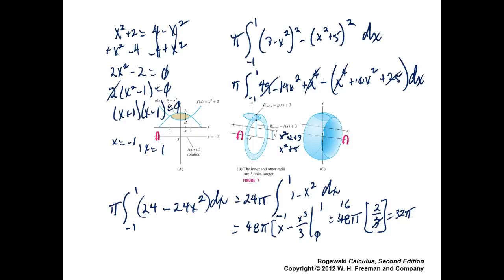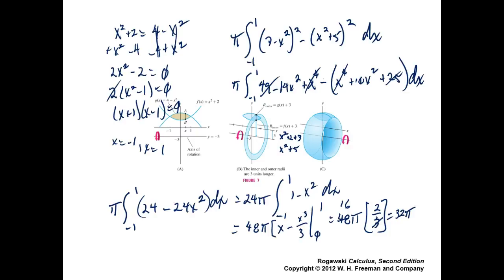That would be 4 minus x squared, that's the g of x, plus 3. And 4 plus 3 is 7 minus x squared. That's the radius. Now, the area of that disk is pi times the radius squared. And then times your dx would then be the thickness, and if you integrate from here to here, you get the whole volume.